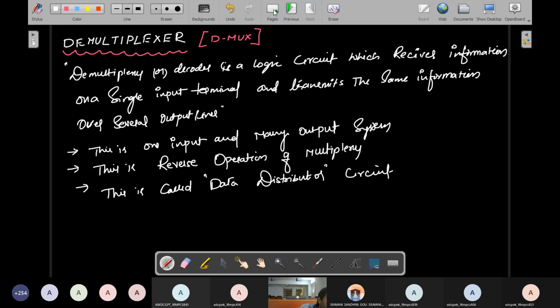See, next, the block diagram of the demultiplexer. Okay, so simply I draw the block diagram.